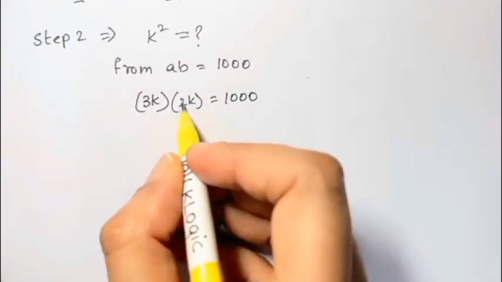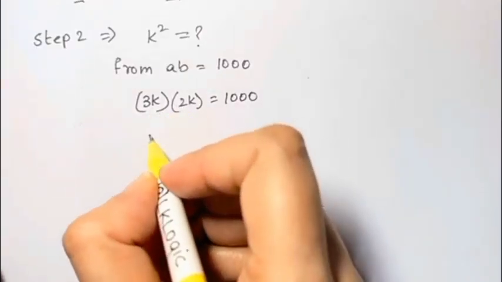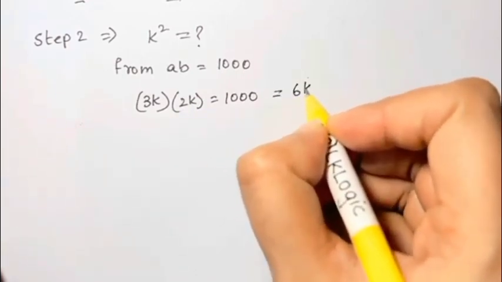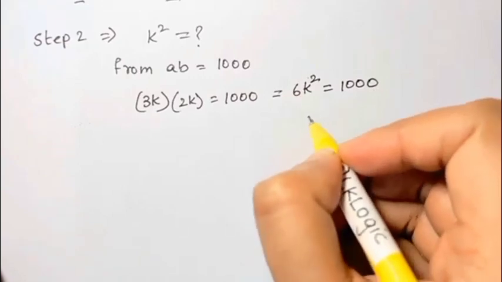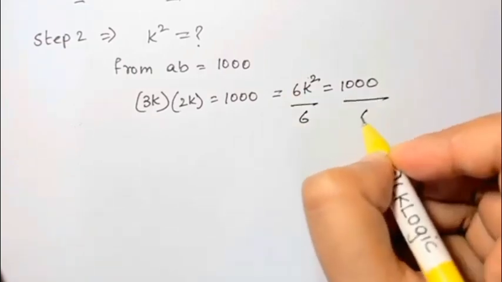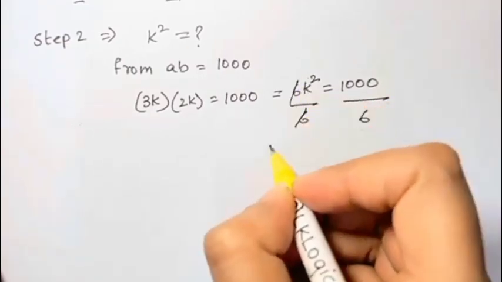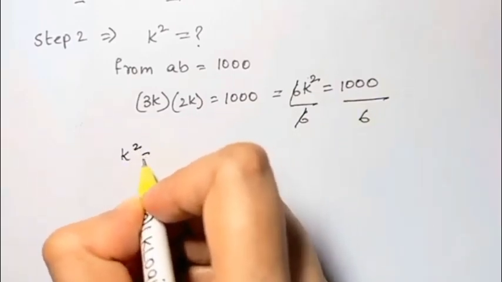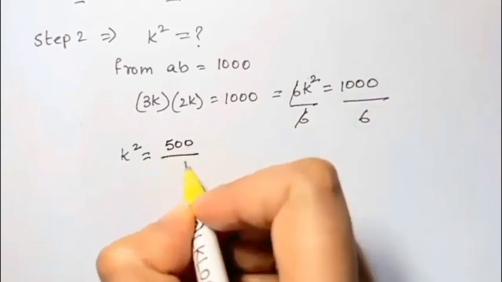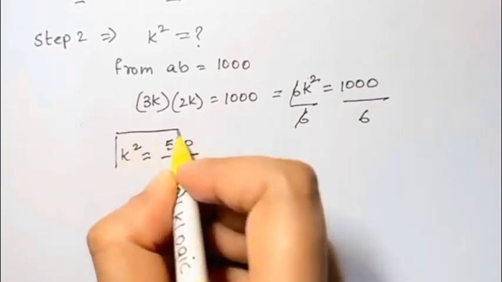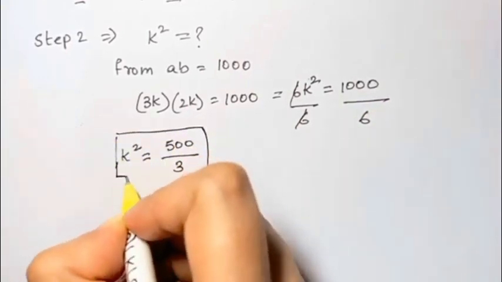So we have 3 times 2 is equal to 6K square is equal to 1000. So let's divide both sides by 6 to cancel this. So we get K square is equal to 1000 over 6, that is 500 over 3. So we got the value of K square in the second step.